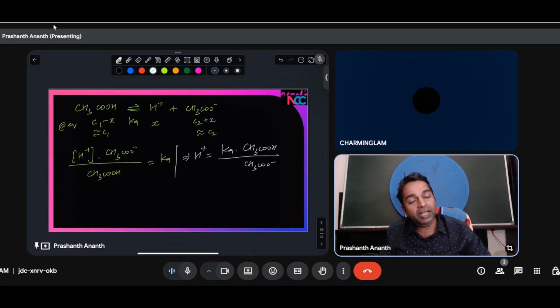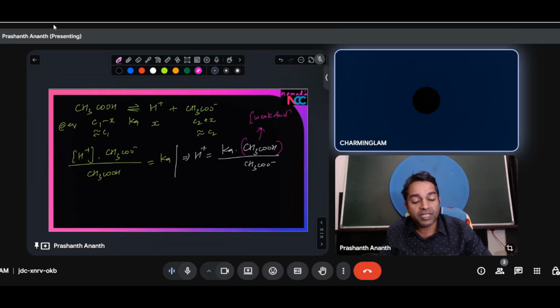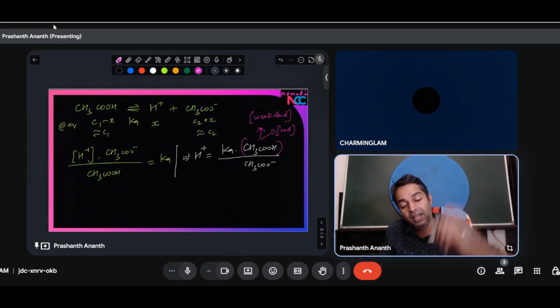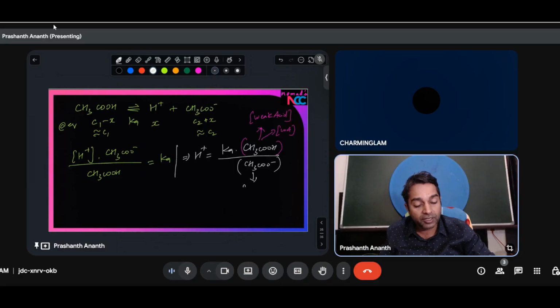Meaning effectively I can write this CH3COOH as nothing but the concentration of weak acid, which I am going to abbreviate as WA concentration. And this CH3COO minus is nothing but the concentration of conjugate base, or we can say it is also the concentration of salt in this question here.